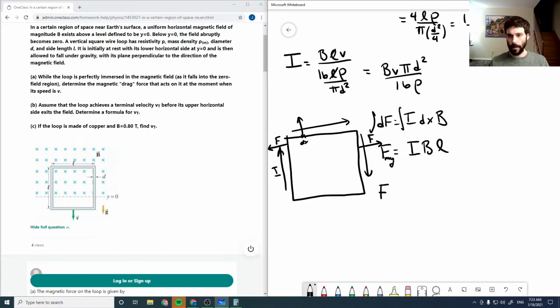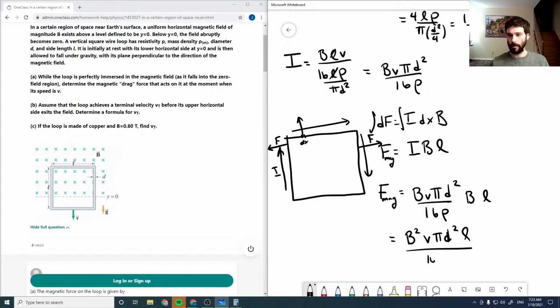So then plugging in our value for the current that we just calculated, BV pi d squared over 16 rho times B times L, or B squared V pi d squared L over 16 rho.